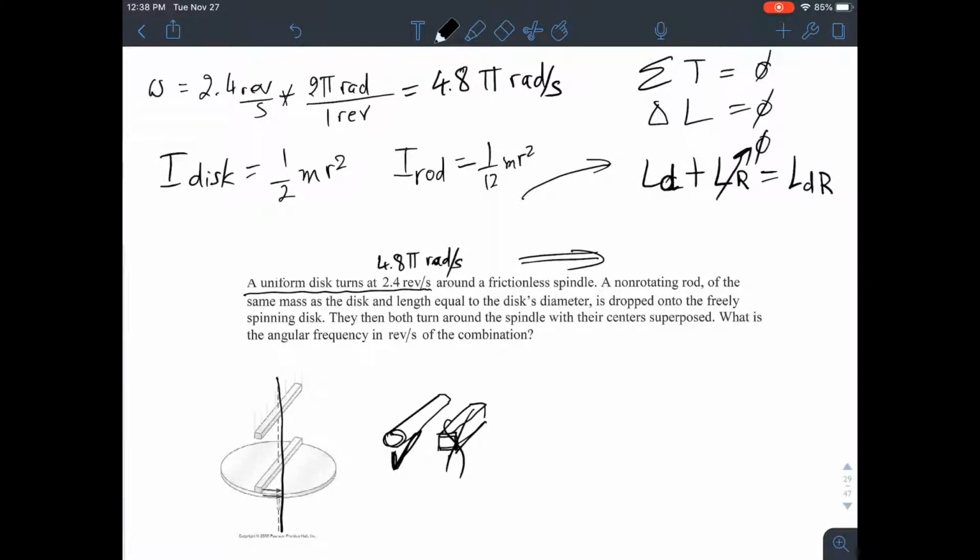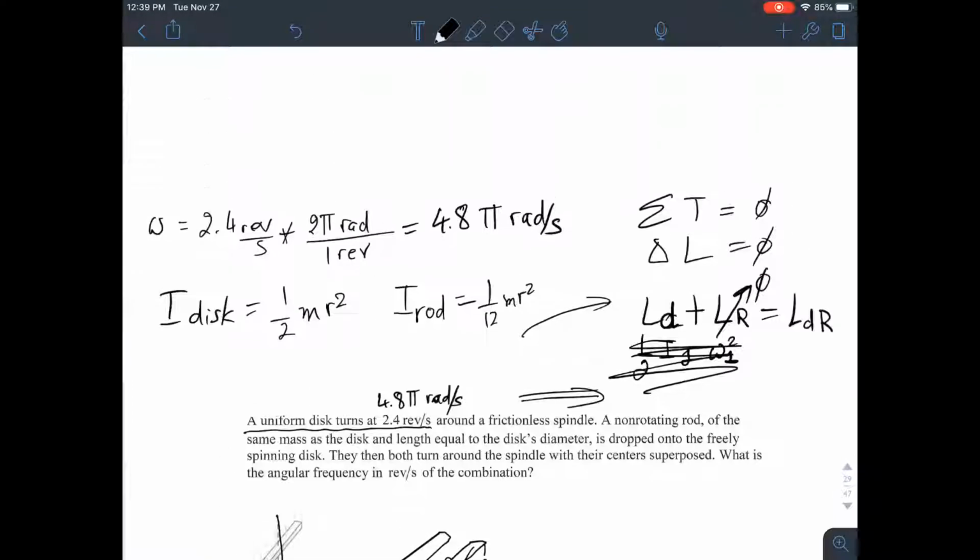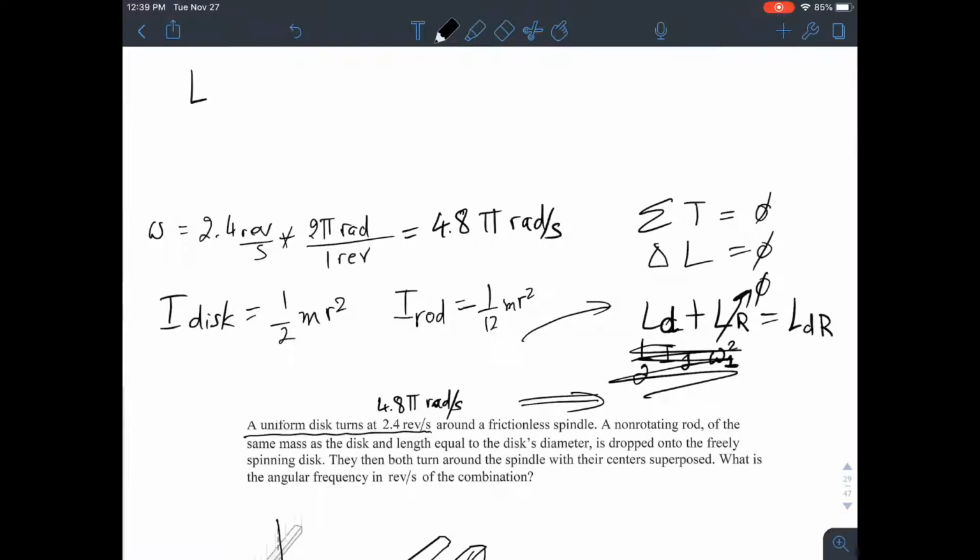That was 0. The disk was spinning, so it has 1/2. Actually, let me see if I can simplify this for you guys. So what is this, right? It's basically 1/2 inertia times angular speed squared. That's L, right? So now we're going to think about the disk.